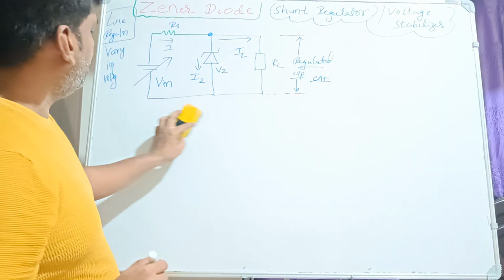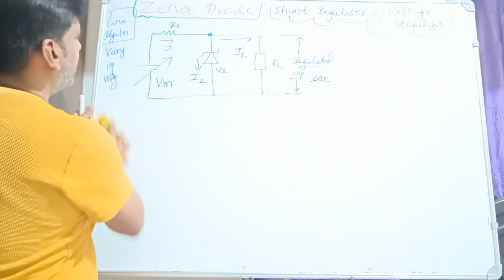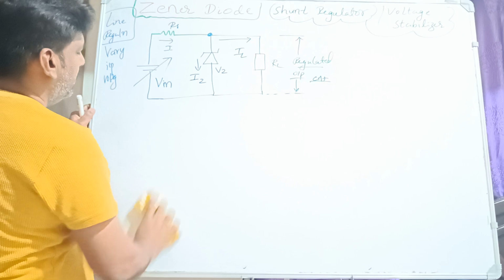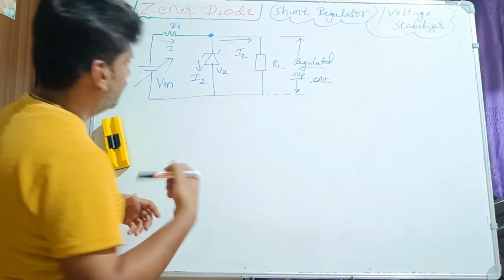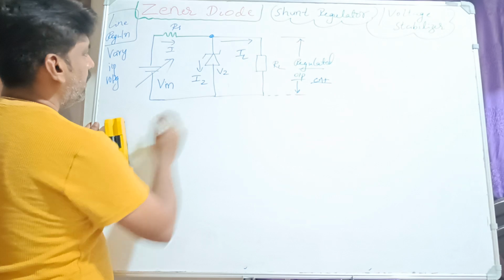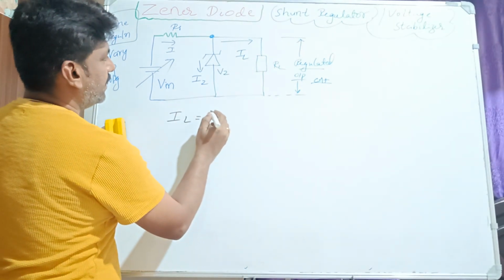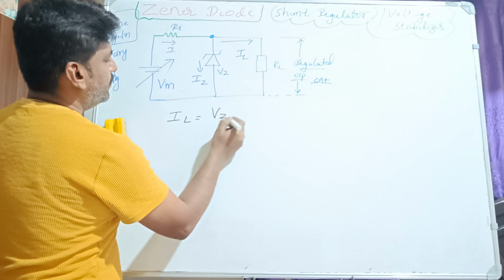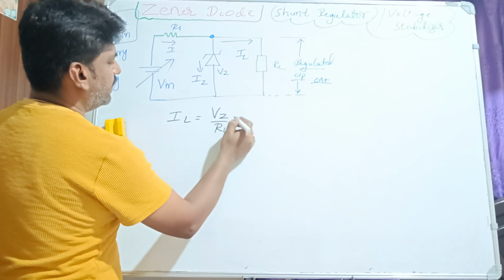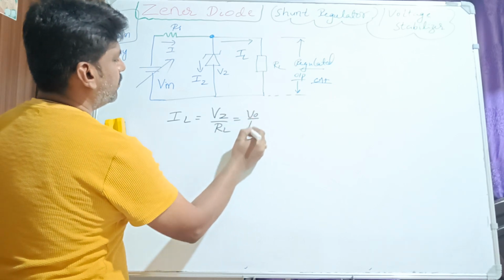For this combination, we should see how exactly this circuit diagram works. First we should write the current IL. What is current IL? It is nothing but V by R. What is V? VZ. What is R? RL here. We can write it as V naught by RL.